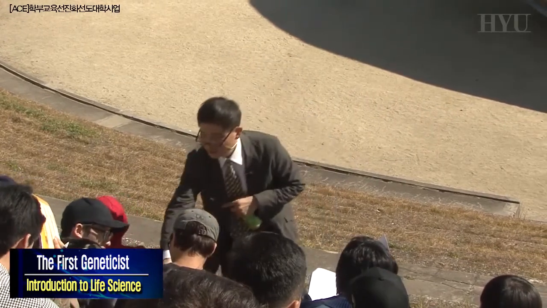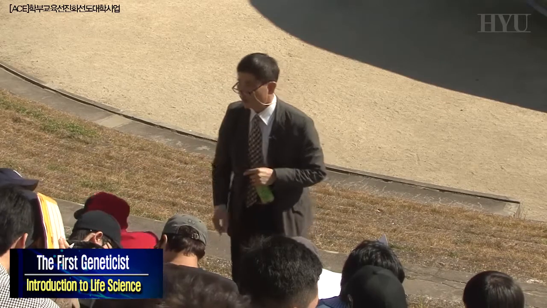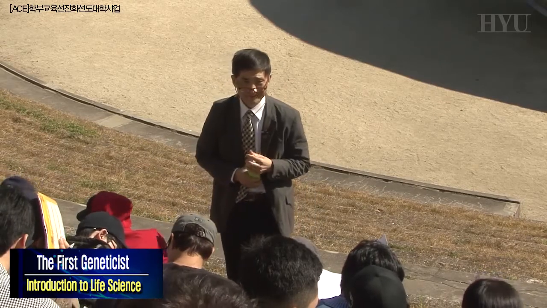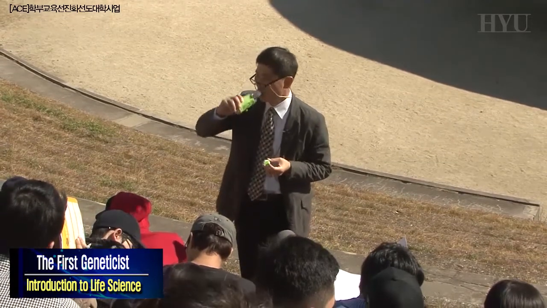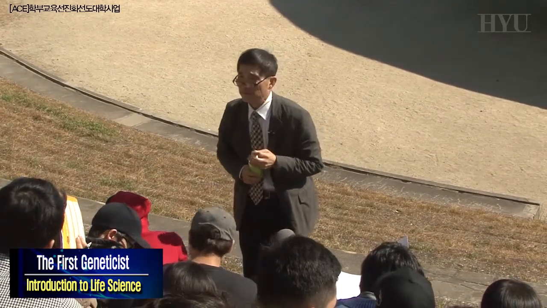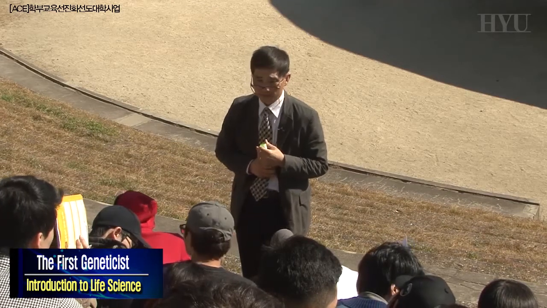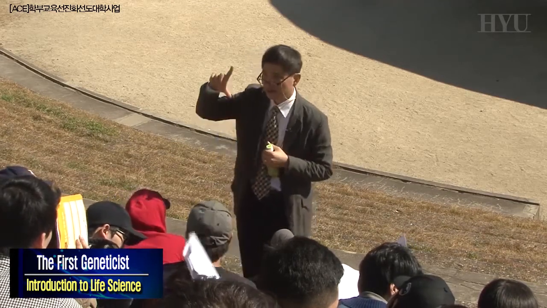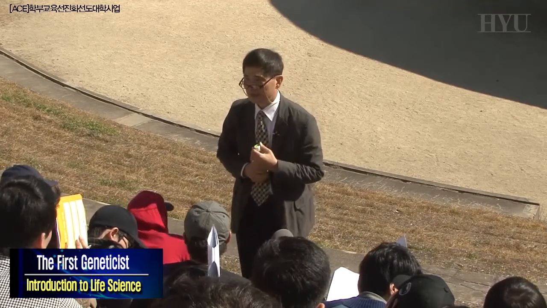What is the shortest one in this case? 5.0. What is 5.0? 키가 어떻게 5.0이지? 5 feet 0 inches. 5 feet이면 얼마야? What is 1 feet? 30cm.